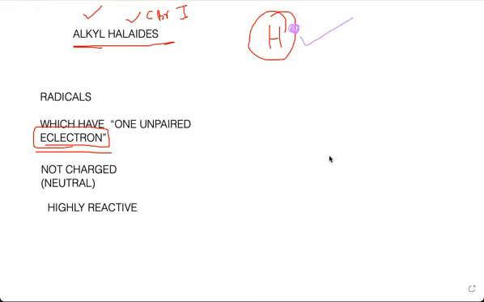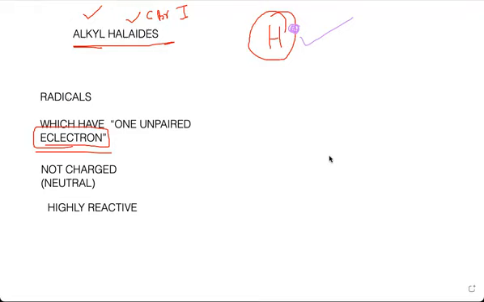We may have polar covalent bonding sometimes, or one end of the chain could be polar and the other end non-polar. But for reactivity, we have to discuss the radicals only. We don't discuss that carbon is less reactive and oxygen is more reactive. We have to discuss the reactivity of the compound in terms of radicals.